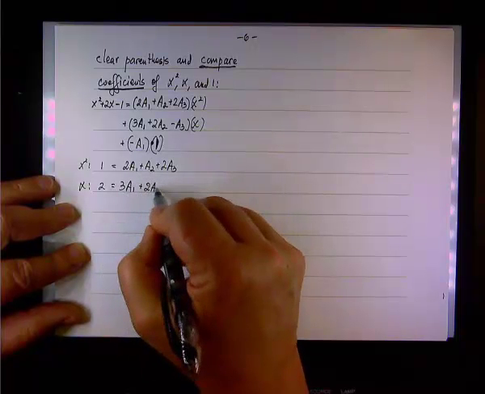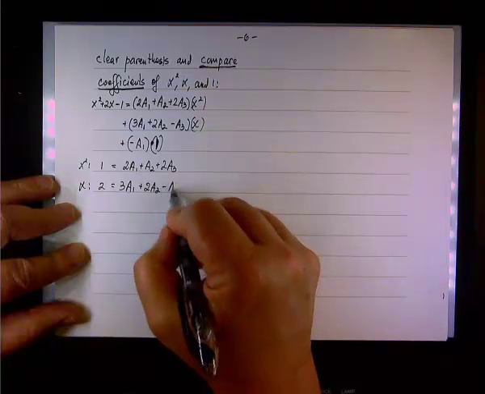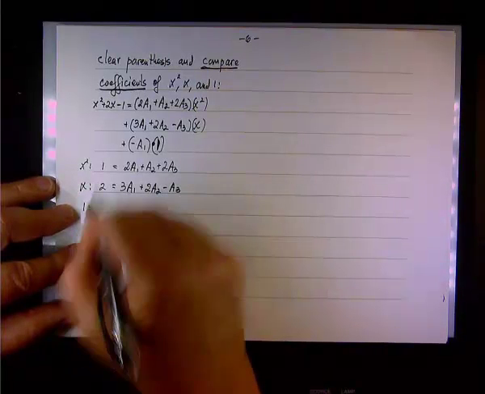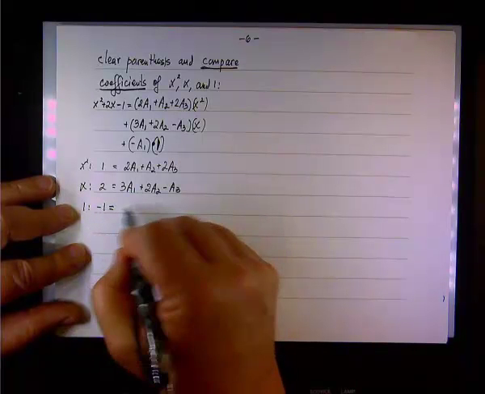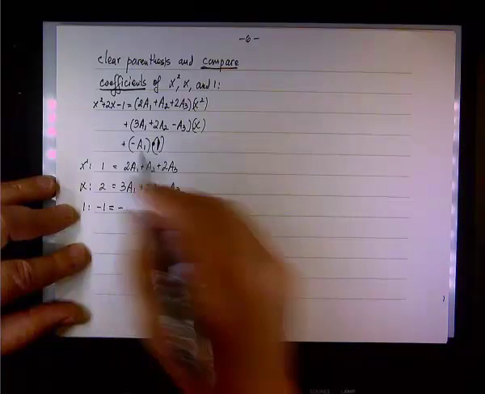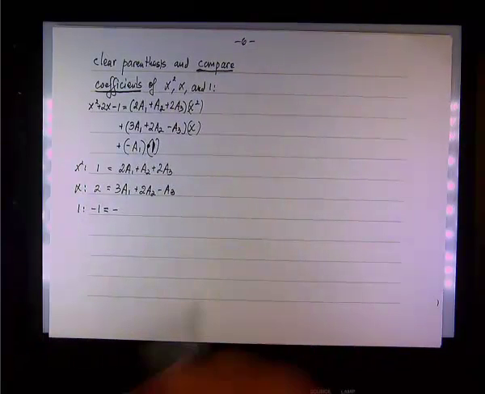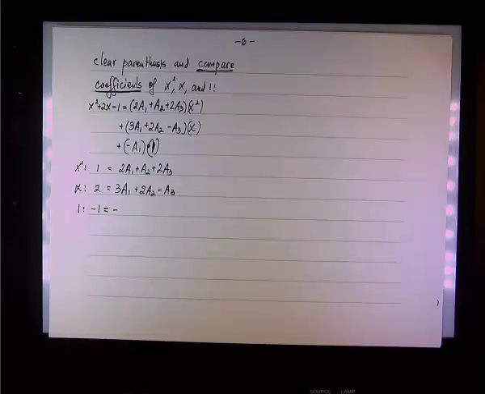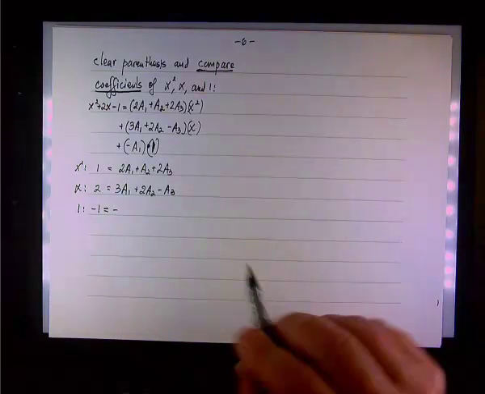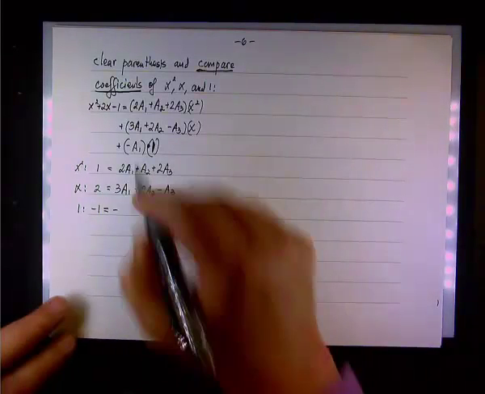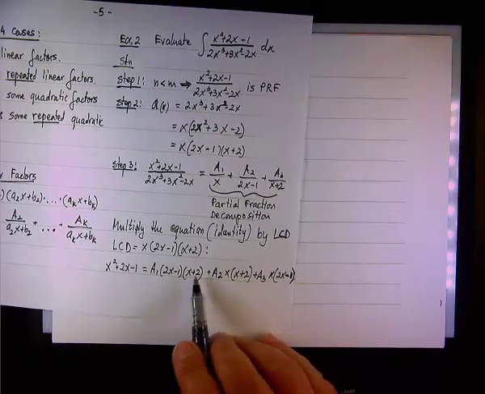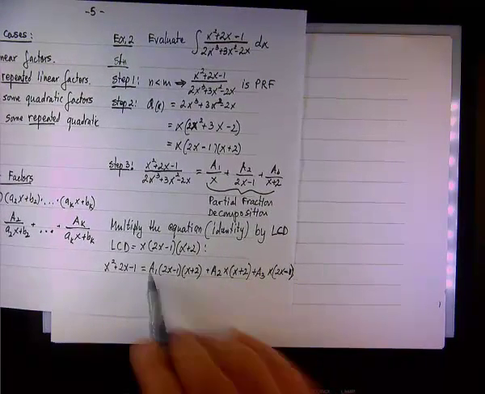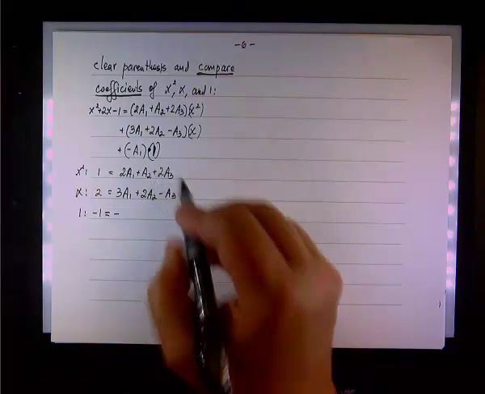The coefficient of x² on the left is 1, on the right is 2a1 plus a2 plus 2a3. The coefficient of x is 2 on the left, and on the right we have 3a1 plus 2a2 minus a3. And the coefficient of 1 on the left is −1, on the right is −a1.